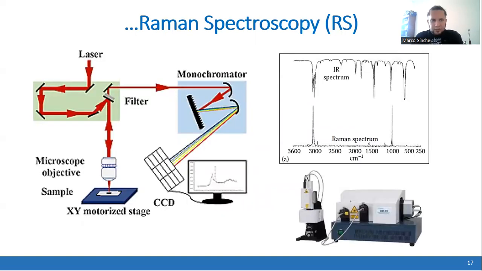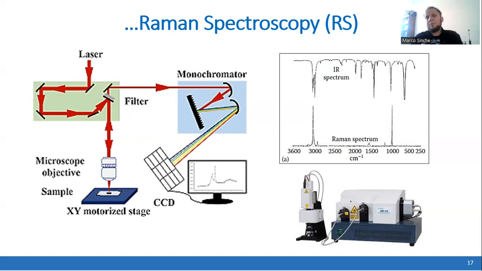There's a representation of the components of the equipment that are used for this technique. There's a laser that is emitted through mirrors. It is directed to the microscope objective, which contains the sample, and the scattering will go back and go through a filter to a monochromator, and then will be directed to the detector.